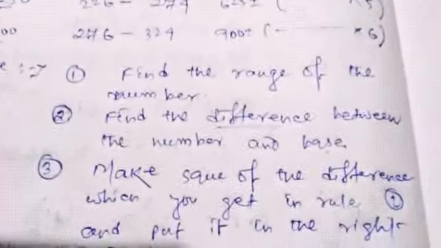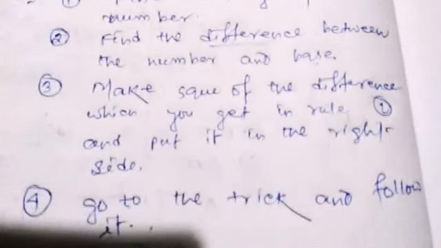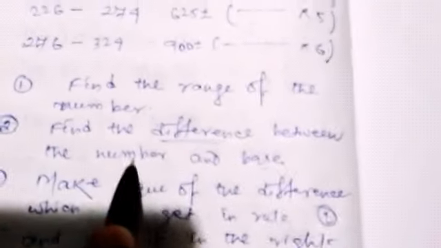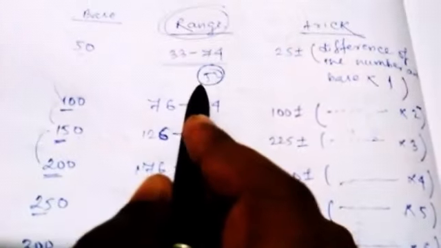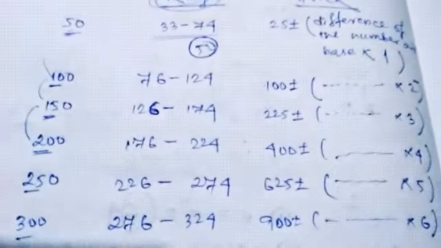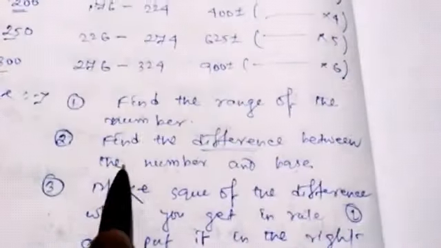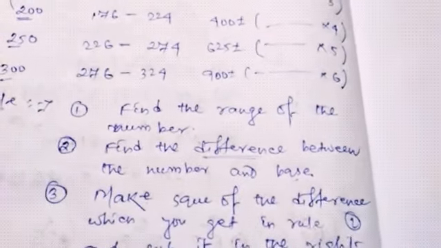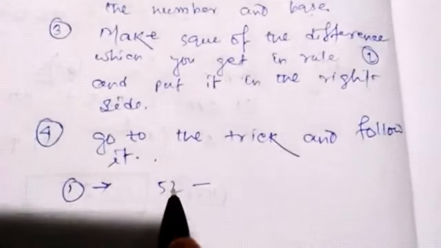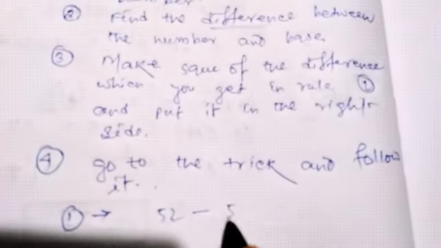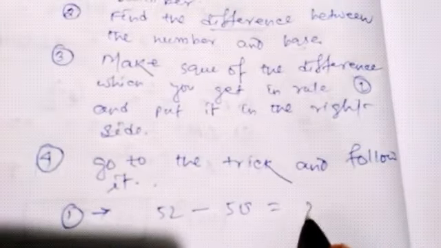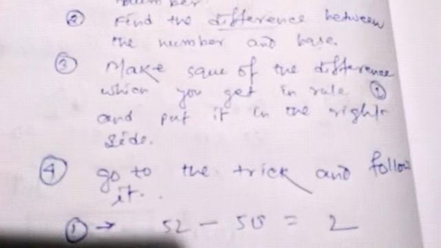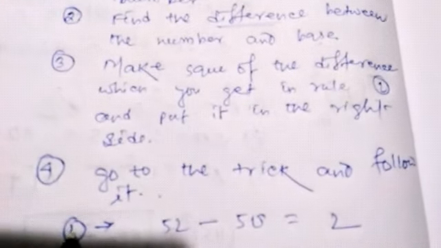Second rule, find the difference between the number and the base. According to the second rule, the number is 52 and the base is 50, so the difference is 2.